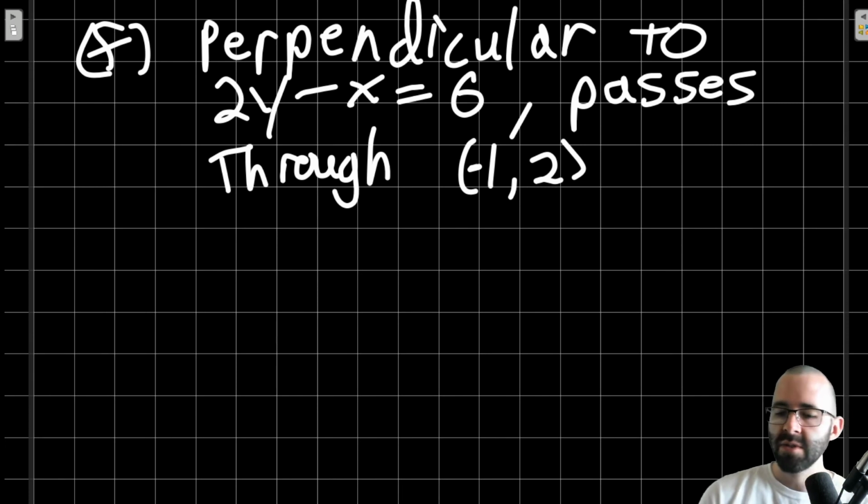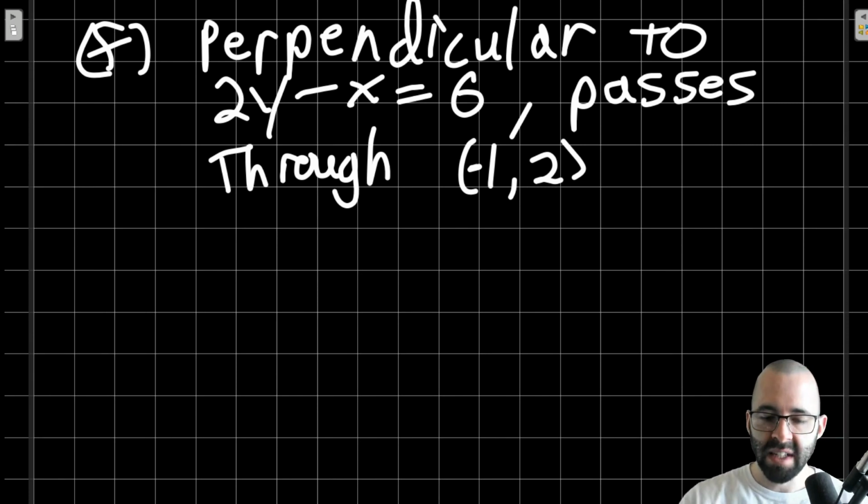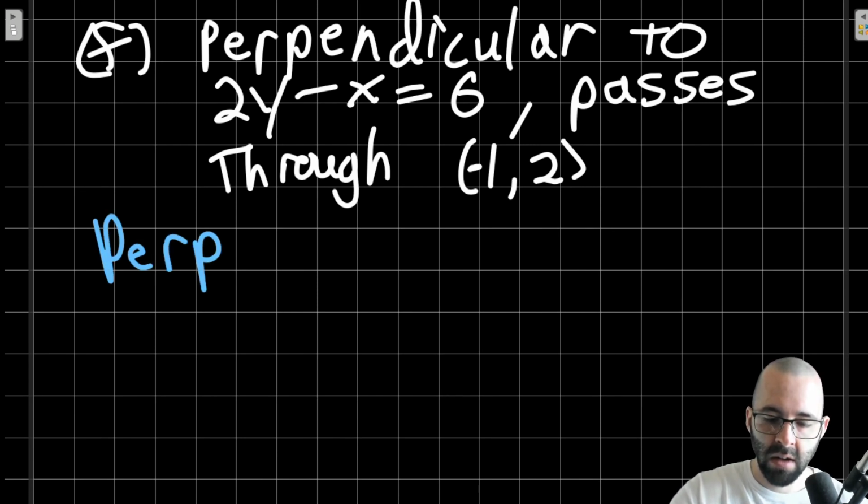So perpendicular is related to parallel. Parallel means same slope. Perpendicular means negative reciprocal. Okay. Perpendicular, sometimes it's abbreviated like that, means negative reciprocal.